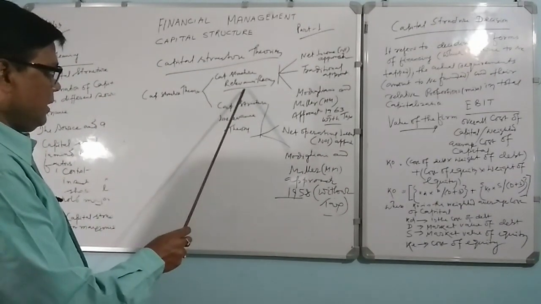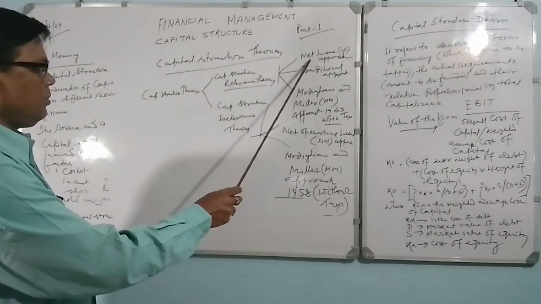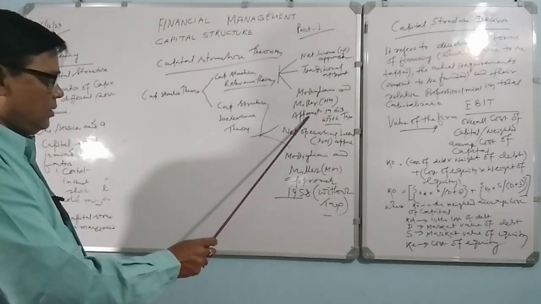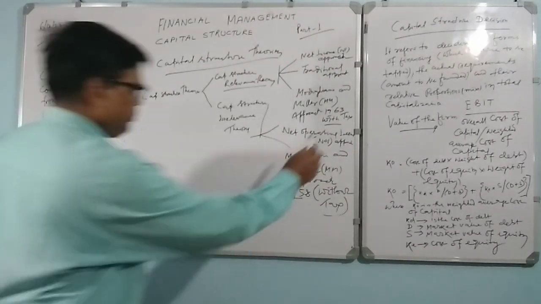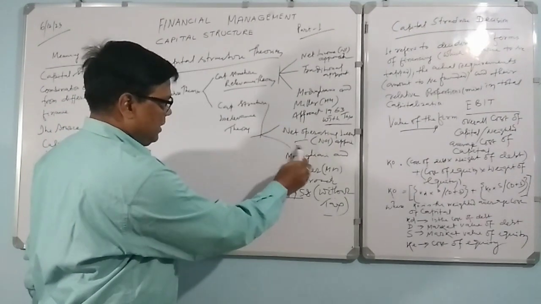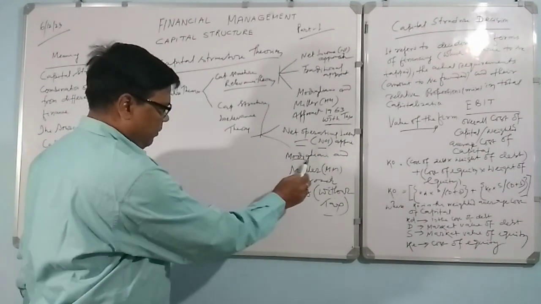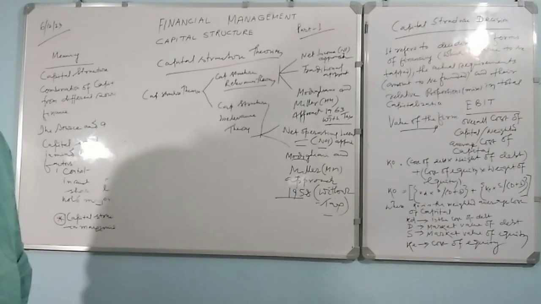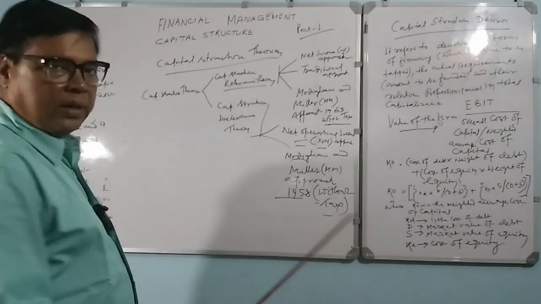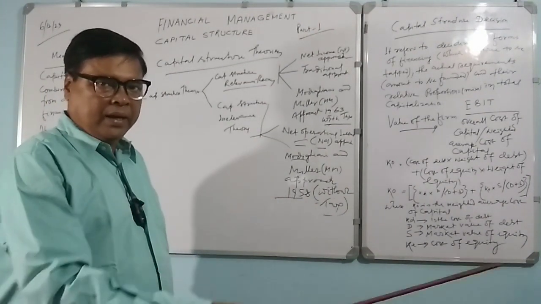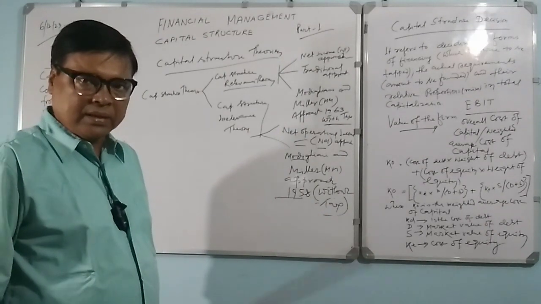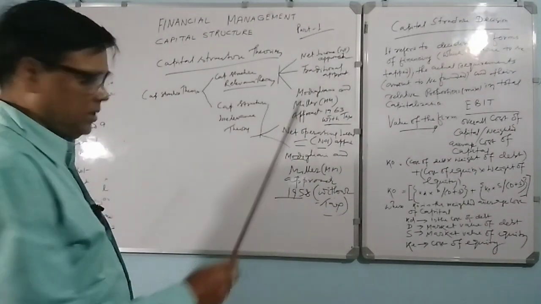Under capital structure relevance theory, you have to keep in mind the net income, traditional approach, and Modigliani Miller approach with tax. Another is net operating income NOI and the Modigliani Miller hypothesis without tax. So today we have discussed the relevant theory portions under capital structure compositions, capital structure decisions and capital structure functions, along with this theory.